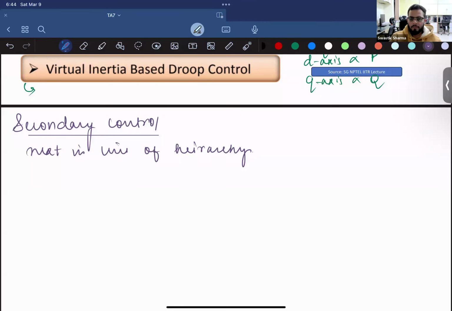So what you do is you use this secondary control to produce an effect if your local control doesn't work.